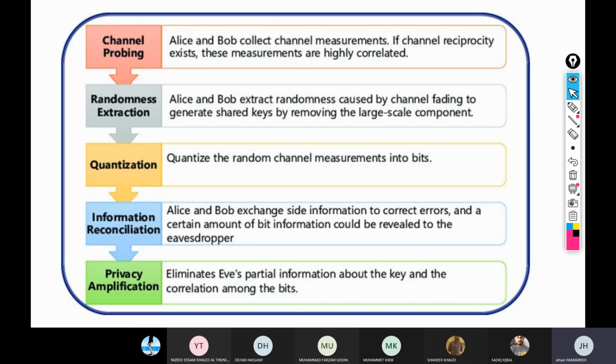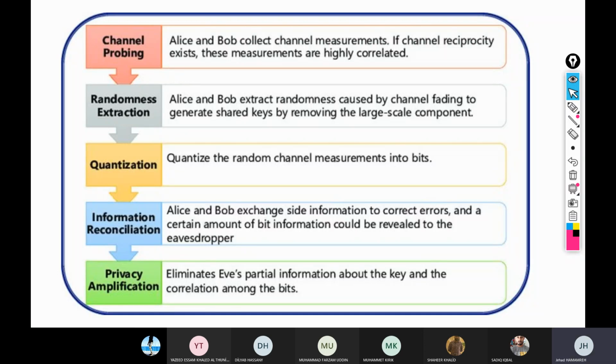Now, assume that you estimated the channel at both sides using channel estimation techniques in a TDD system. Now, what's next? You need to extract randomness from these estimated channels. Alice and Bob extract randomness caused by channel fading to generate shared keys by removing the large scale components.